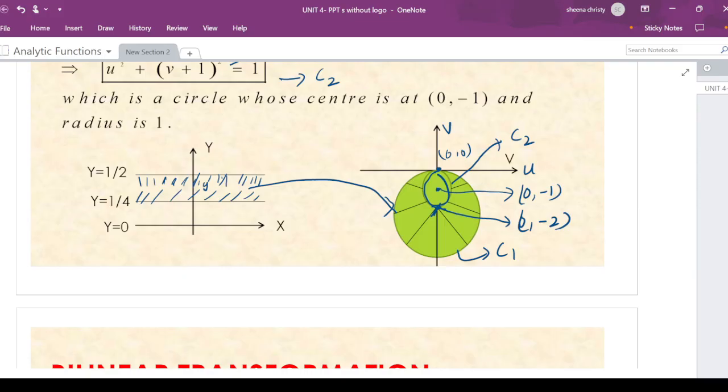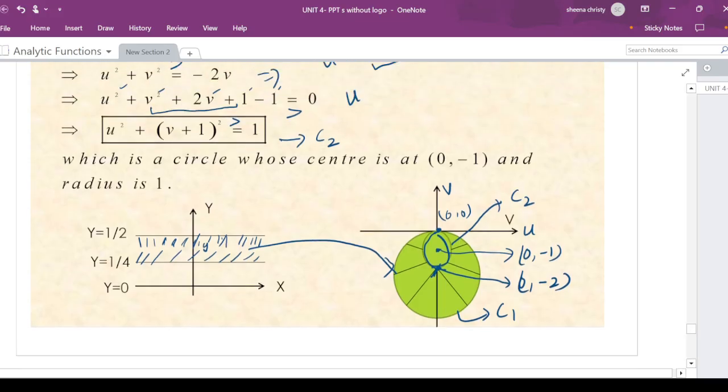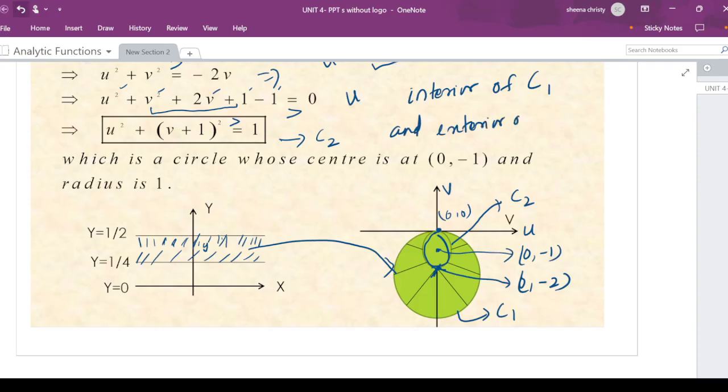Like this only we have to draw the graph. You can write it out here: interior of C1, sorry, not C2, C1, interior of C1 and exterior of C2.